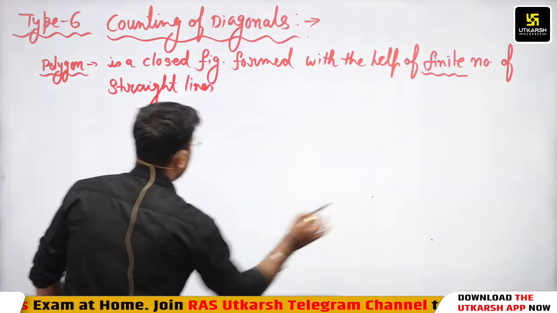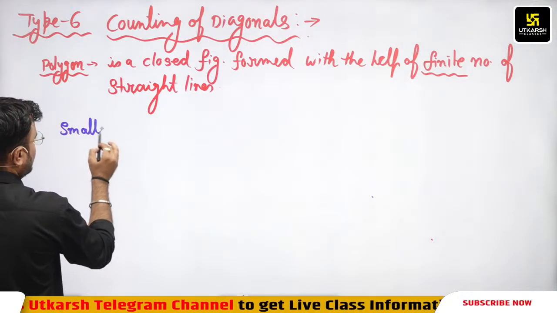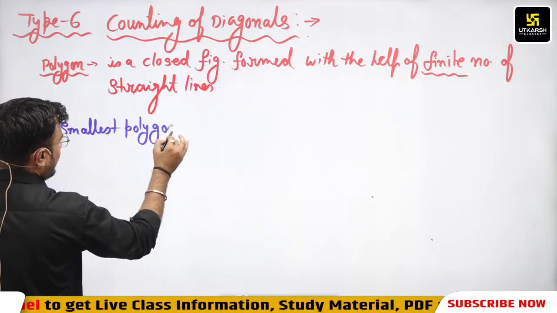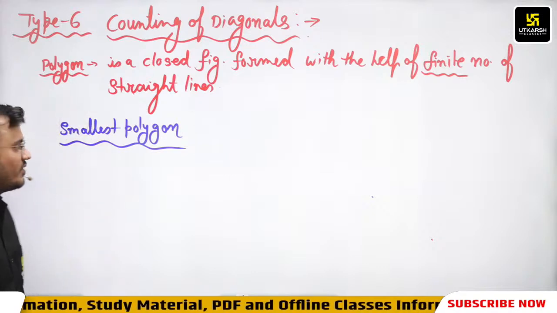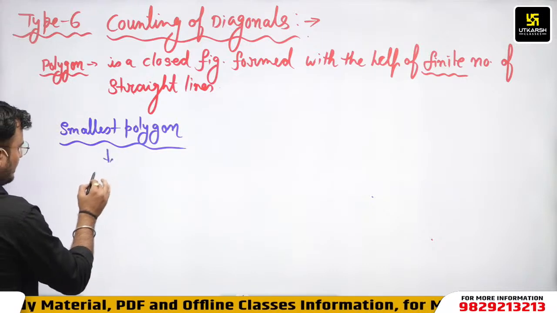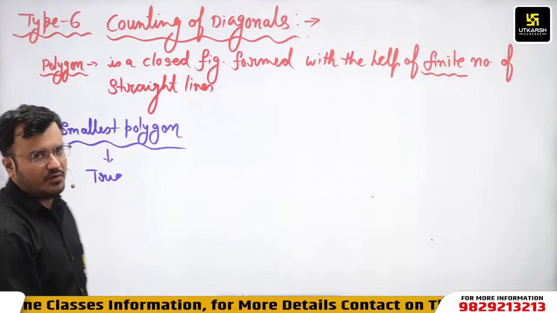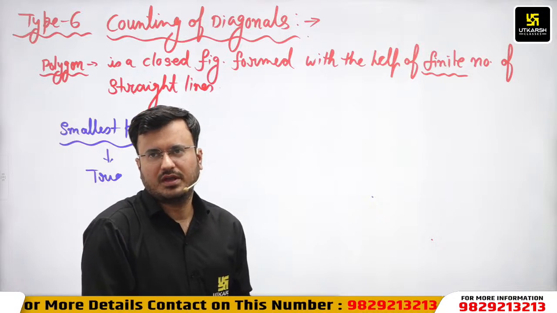Now, what is the smallest polygon? The smallest polygon is your triangle, having 3 sides. So a minimum of 3 straight lines are required to form a closed figure. With the help of 2 straight lines, we are not able to draw a closed figure.